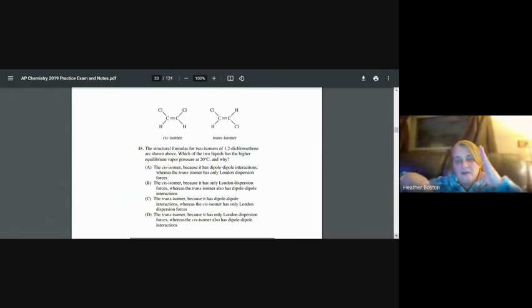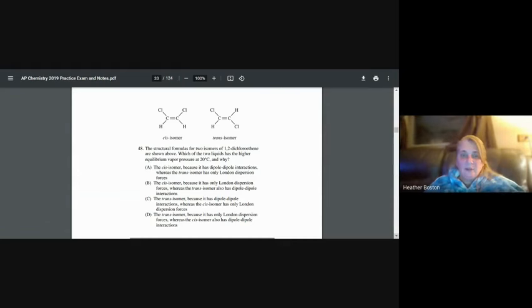So you've got some symmetry in the trans along one axis, whereas the cis is going to be a polar molecule. So the correct answer here is going to be D. So polar has dipole-dipole. Nonpolar or symmetrical molecules have only London dispersion.